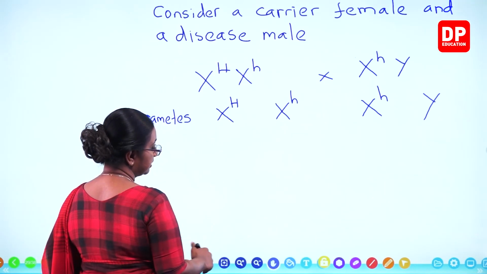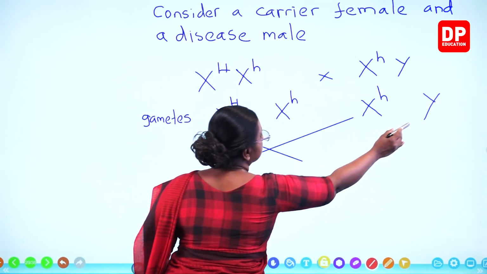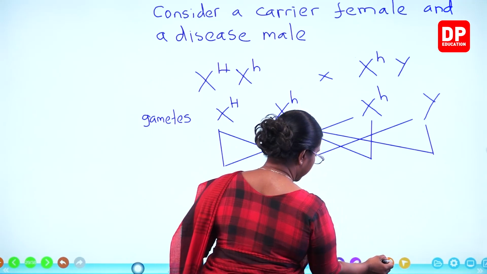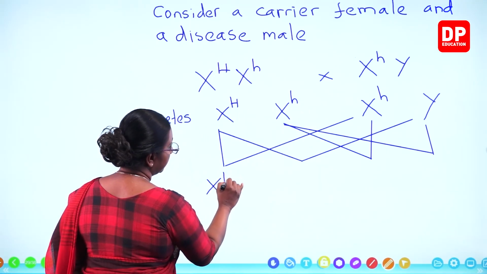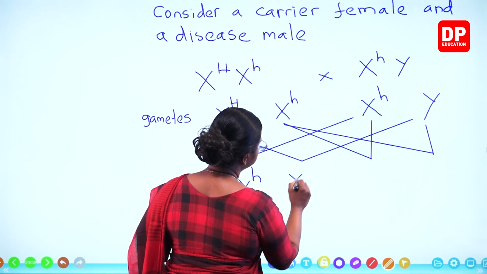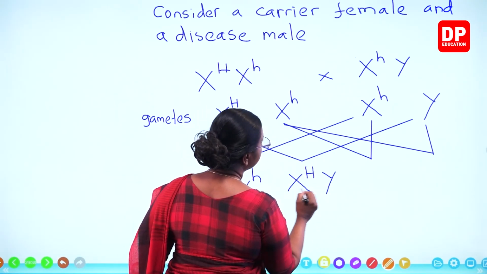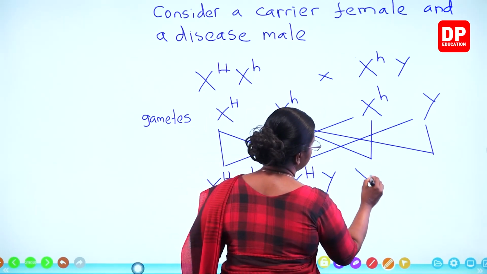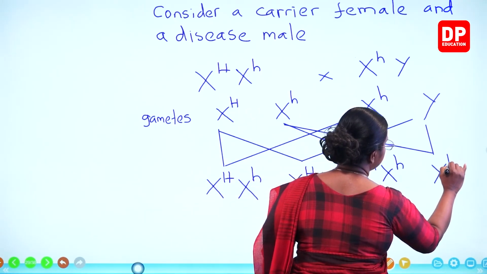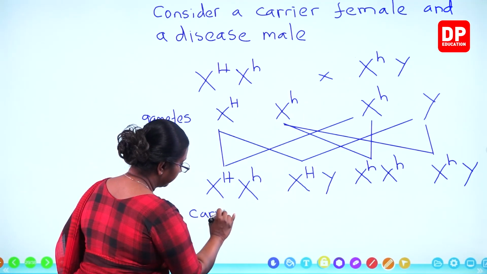And when these combine, XH, XH, here it is going to be XH and Y, and on this side XH, Xh and Xh Y. Now this is a carrier female.